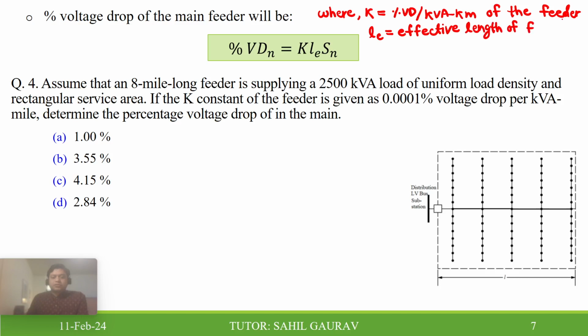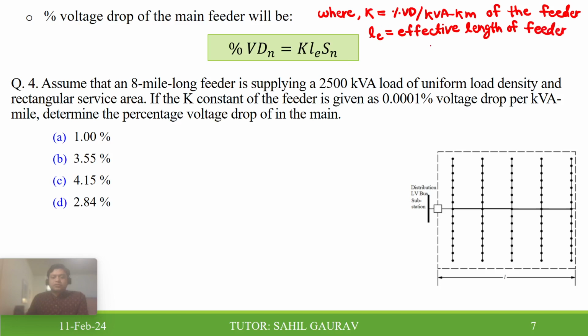We have previously computed voltage drop when given the line impedance and the current flowing through the feeders. But if you are given the percentage voltage drop K constant and the load value of the feeder, then you can use this expression.